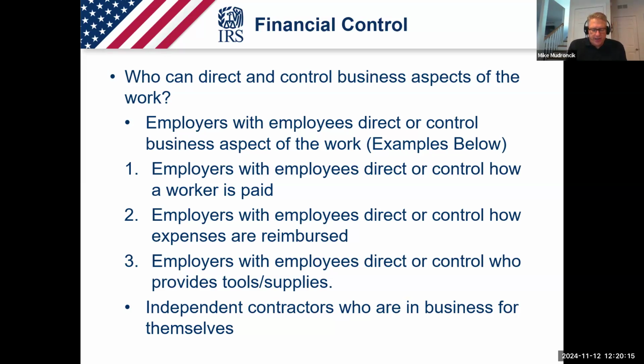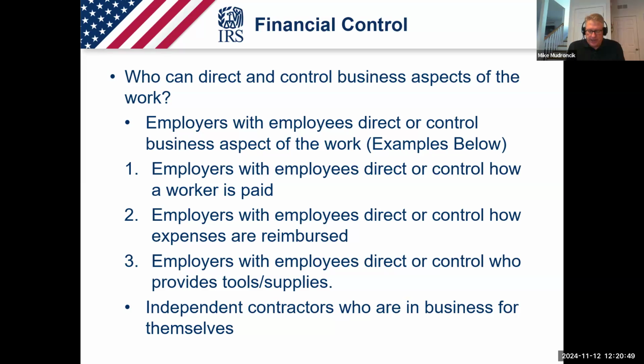As the employer, you need to ask yourself, who directs or controls the economic aspects of the work? Or more importantly, who can direct and control the business aspects of the work? If the answer is employers with employees would direct or control the business aspects of the work, and these include things like how the worker is paid, whether expenses are reimbursed, who provides tools and supplies.